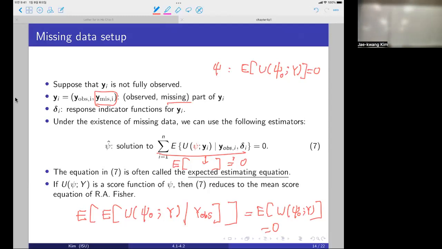Also, we already know that if U happens to be the score function, then the conditional expectation of the score function is the mean score function, which gives the best estimator. So that's another assurance of this approach.